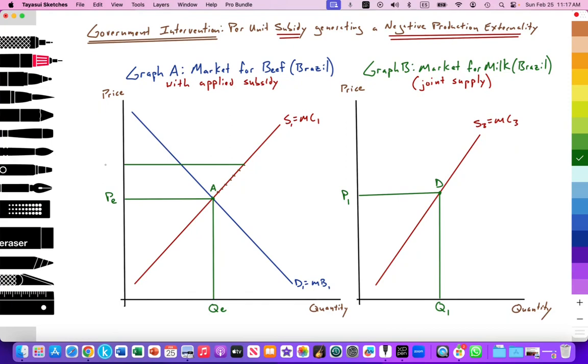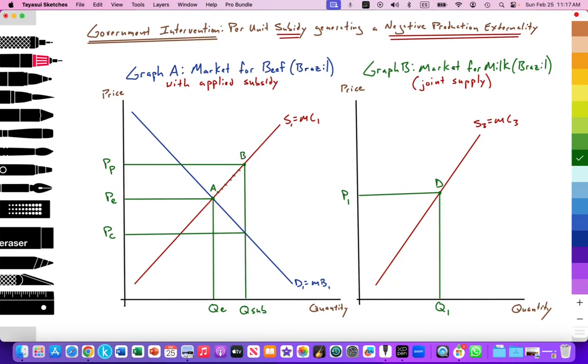So we can label this P sub P, price received by the producer from the Brazilian government to increase their quantity of supply. So the quantity increases from QE to quantity with subsidy. That will lower the price for consumers in Brazil. So we have a price for consumer at PC. So we're going from point A to point B.